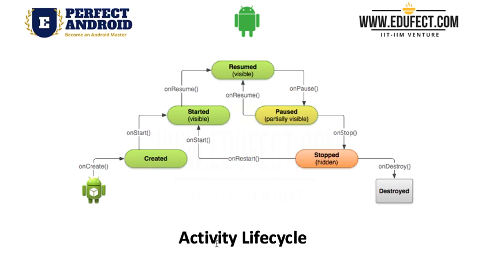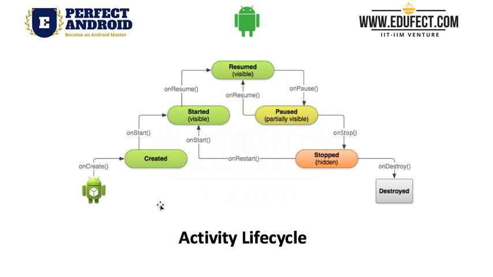Let us also understand the activity life cycle. So what is the activity life cycle? The activity life cycle tells us about how an activity is created, how we interact with it, and then how the activity is finally destroyed. In Android, because it is UI based and because multiple things can happen at the same time, we have to handle a lot of events.